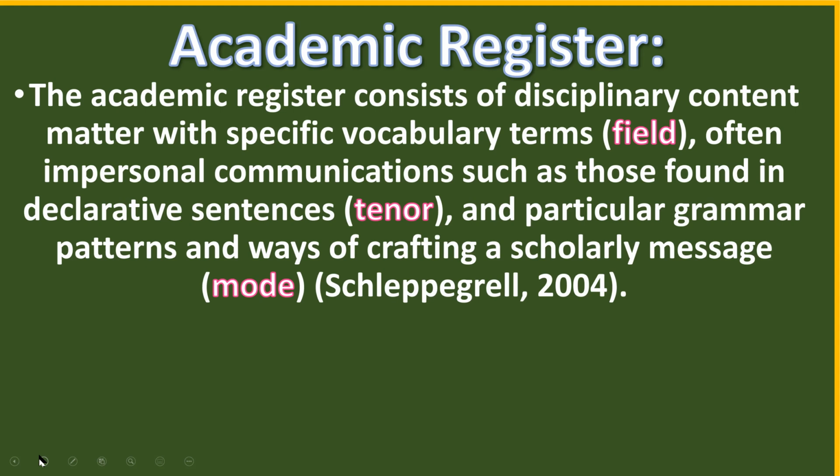In academic language, the tenor is often impersonal. You get a lot of declarative sentences. You don't find many personal pronouns. So that would all create this distance between the reader and the writer, not being a heart-to-heart discussion. It's more of a brain-to-brain discussion.